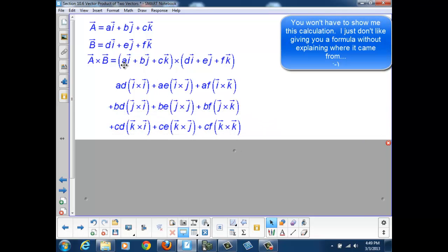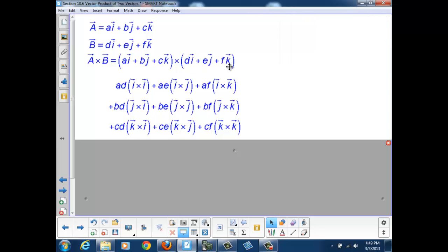So first I'll distribute the AI across the DI plus EJ plus FK.